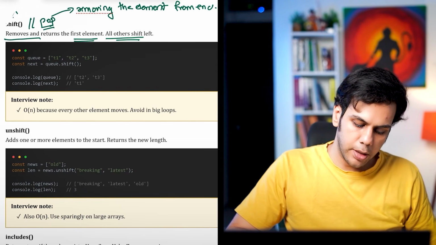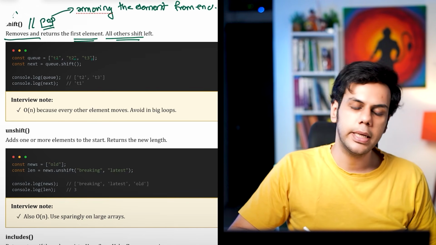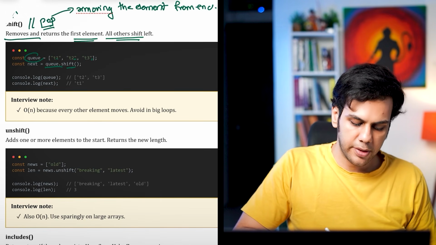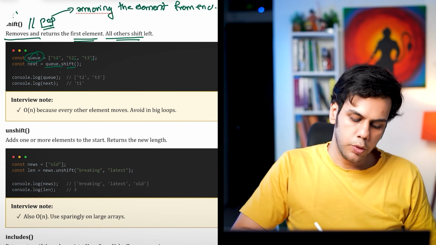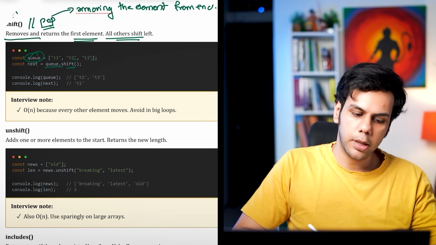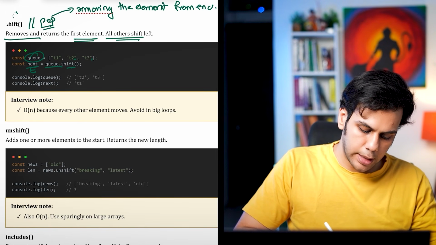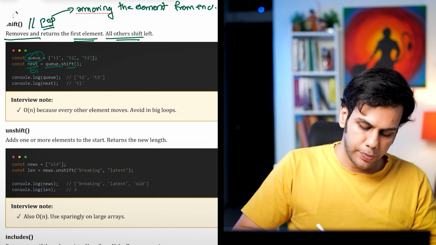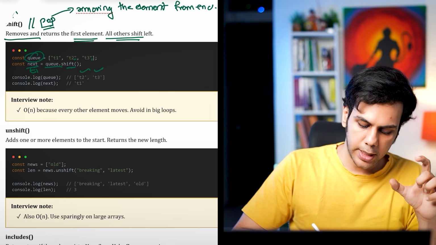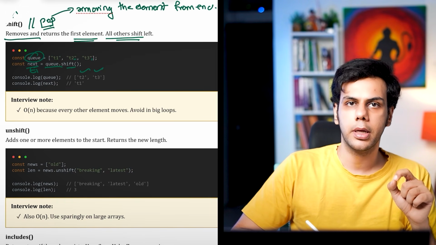Over here we have T1, T2, T3 inside the array. If I just do q.shift, because the reference over here is q, T1 is going to be removed from that particular array. The array is now shifted and you are going to have T2 and T3 inside that particular array.